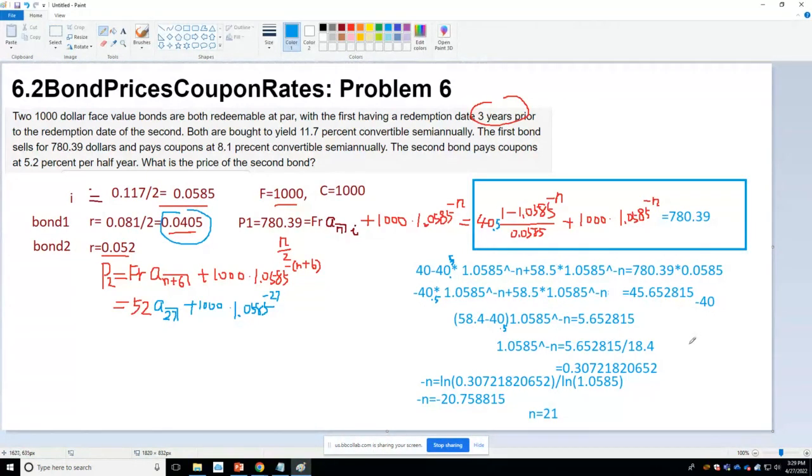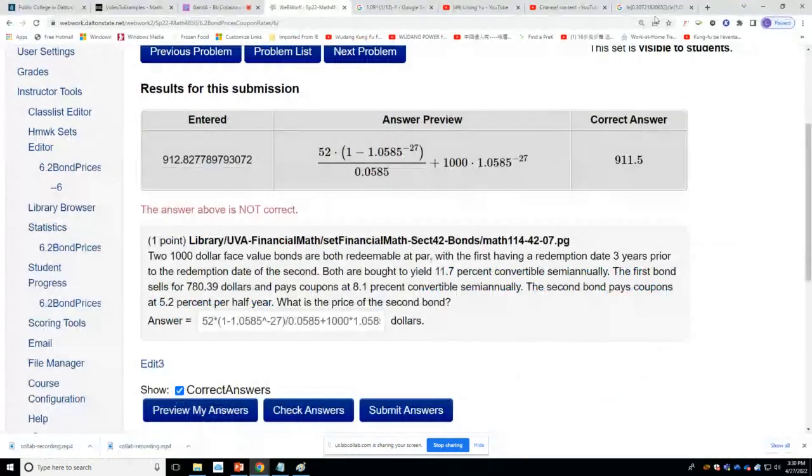So instead of 18.4, we should get 17.9. I'll change this. So let's look at our n calculation.